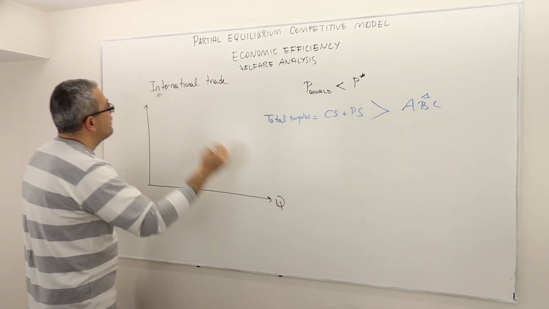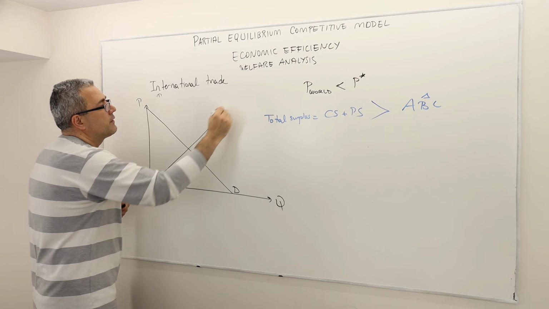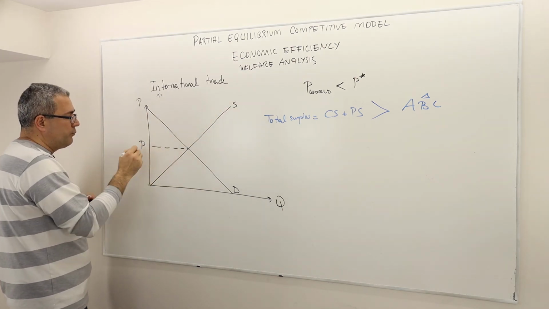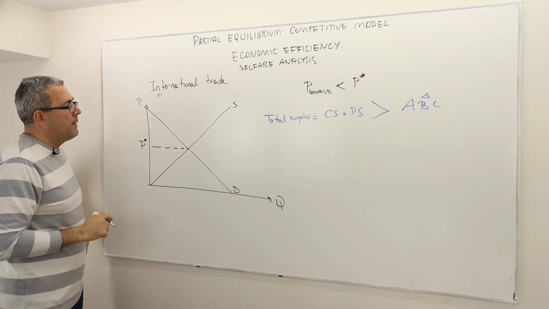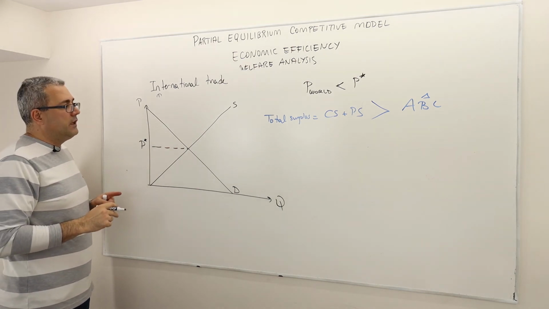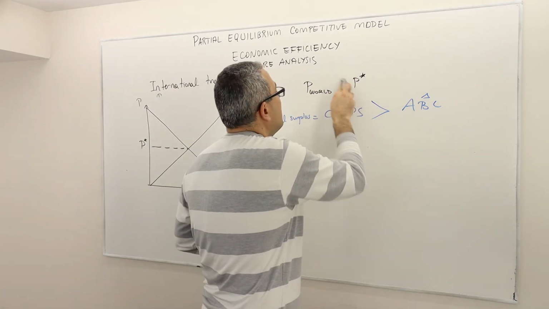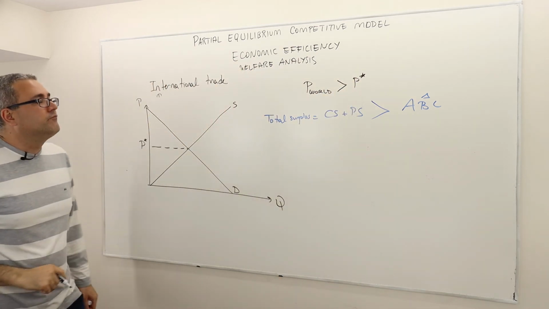So now again, Q versus P, I have the demand curve, I have the supply curve, and so this is the market, the equilibrium market price P star. And so let's assume that what happens is the world price is this time greater than the P star.